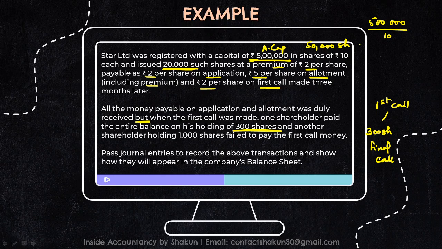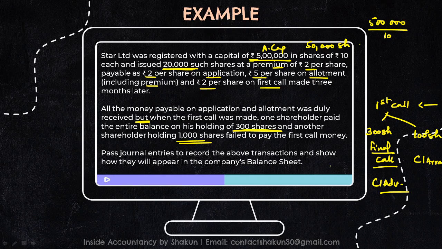Entire balance of his holding means obviously we've already reached the first call stage. After that there is only one stage. So he paid final call money also on the first call. And another shareholder having 1,000 shares did not pay the first call money. So that is calls in arrears, and the money which is received in advance is calls in advance, right?